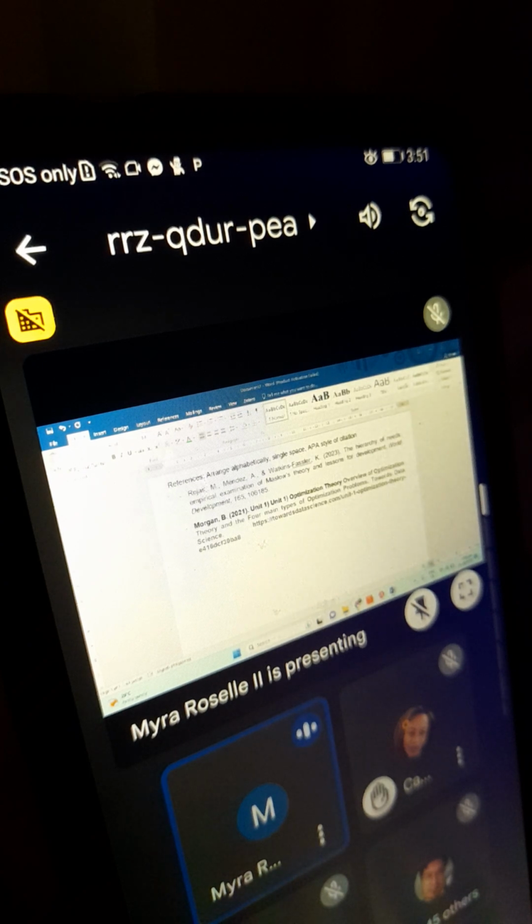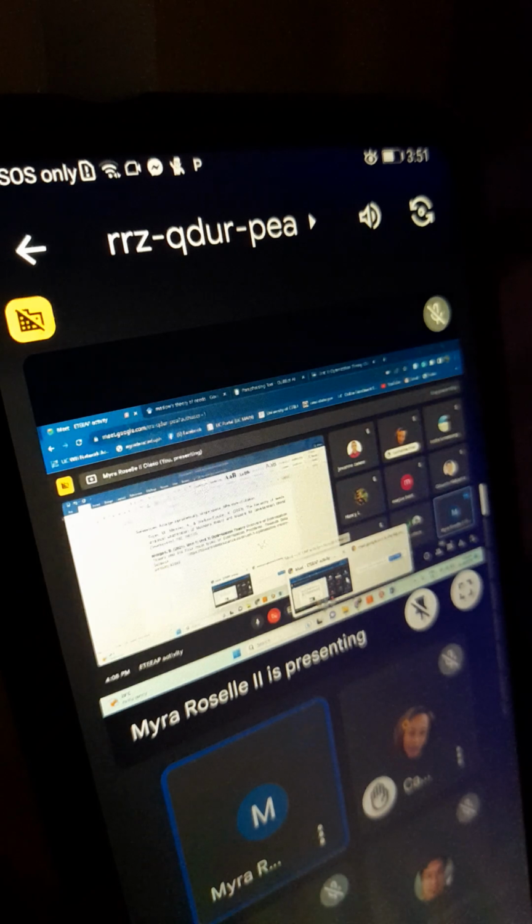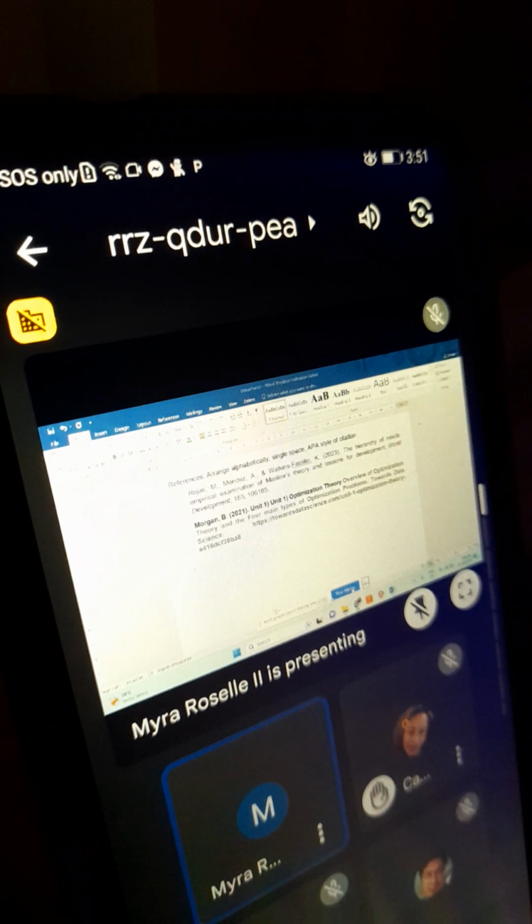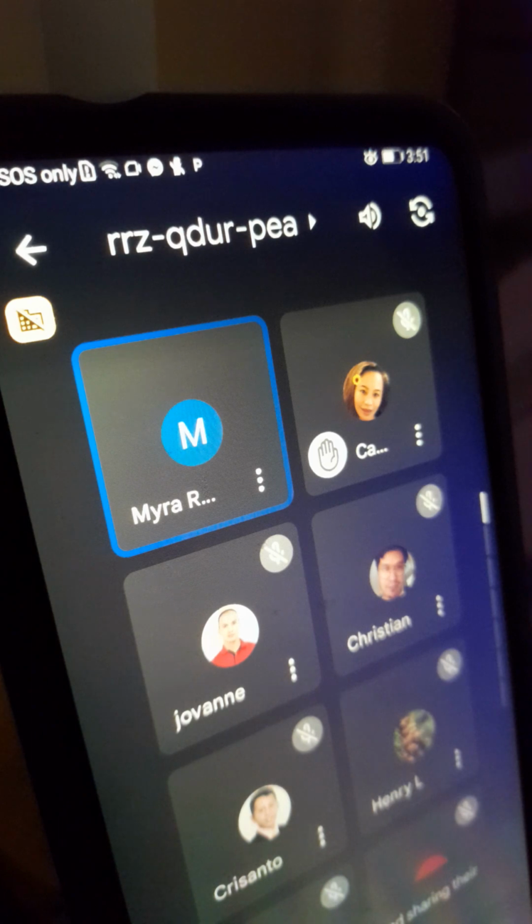Ako sa pangitaon how to interpret the data on the table submitted or returned by the statistician.